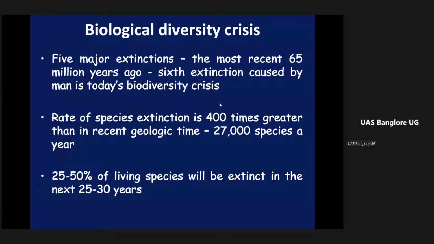We just have to assume that we are all going to completely destroy the earth. That is what I feel. And 25 to 50% of the living organisms will be extinct in the next 25 to 30 years. Imagine at the rate at which we are doing all this on this earth. So we are going to kill 25 to 30% of the species on this earth.